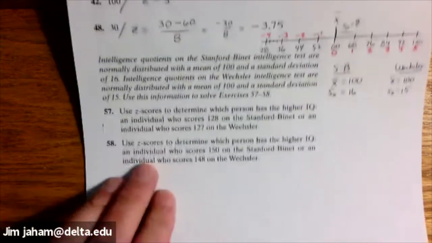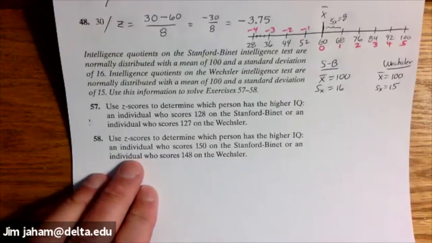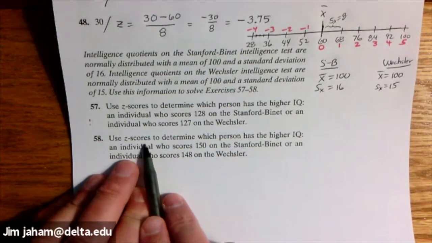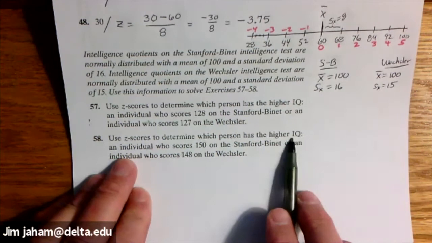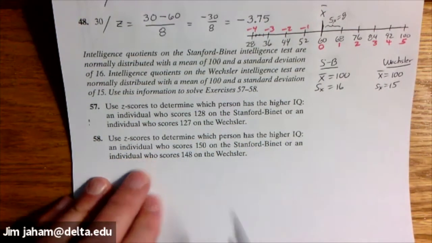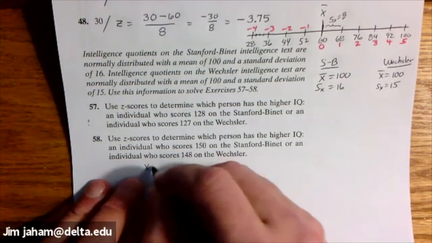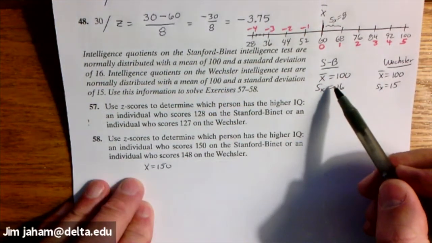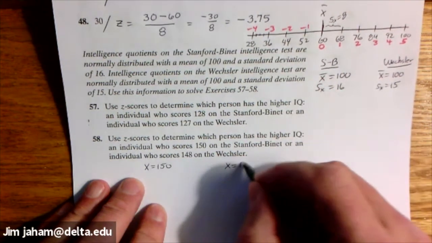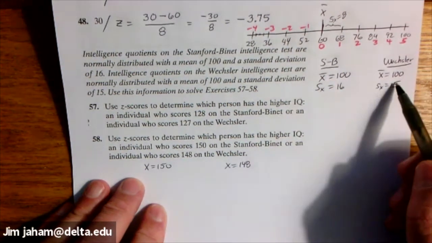So let's take a look at number 58 here. Use z-scores to determine which person has a higher IQ. An individual who scores 150 on the Stanford-Binet test, or someone who scores 148 on the Wechsler.